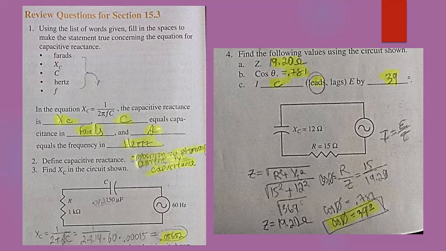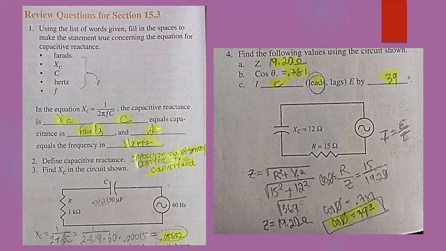You punch that into your calculator, making sure the angle mode is in degrees, not radians, and you should get 39 degrees. In most calculators, all you have to do is press shift and then cosine to the minus 1, and that will give you your theta in degrees, in this case 39.